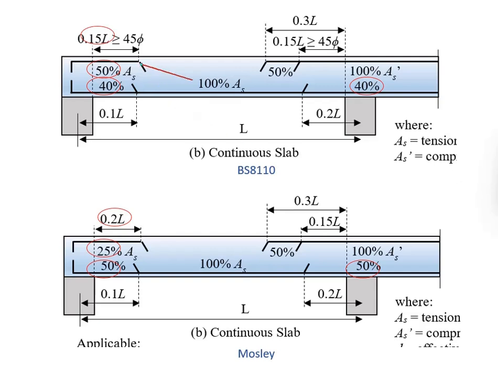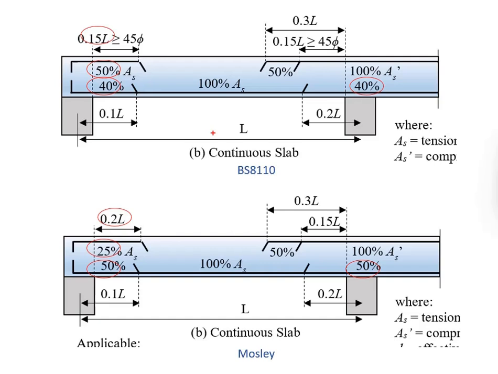As a rule of thumb, you reduce the area by half for the British Standard. And for Mosley, you reduce to 1/4. The next difference is where you can do the curtailment. This one is specified by 0.15 L and this one is specified by 0.2 times the L.